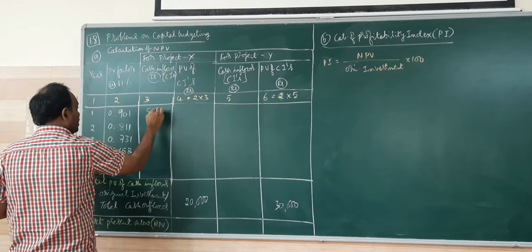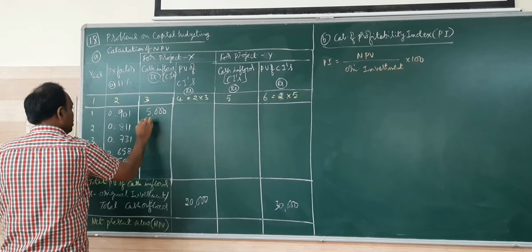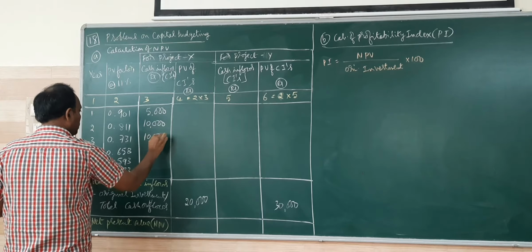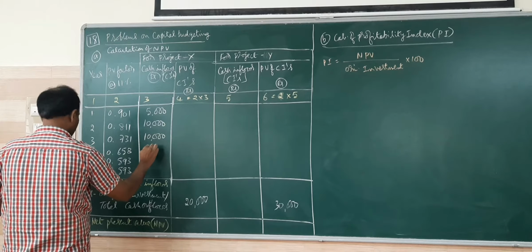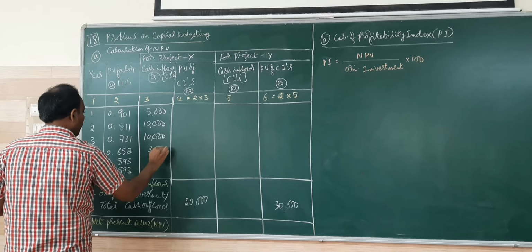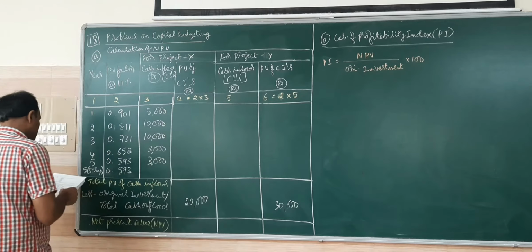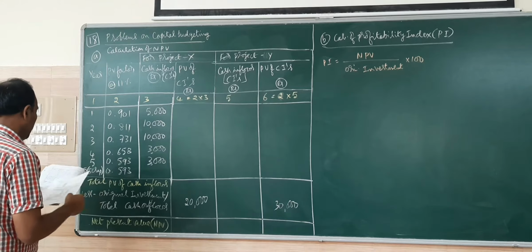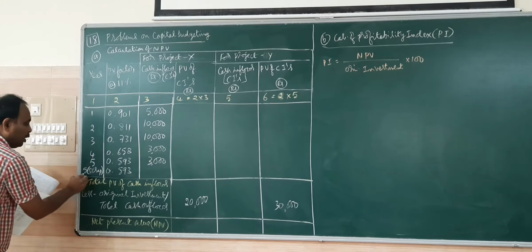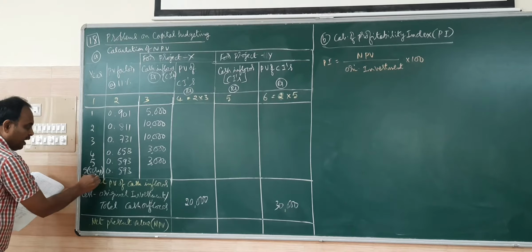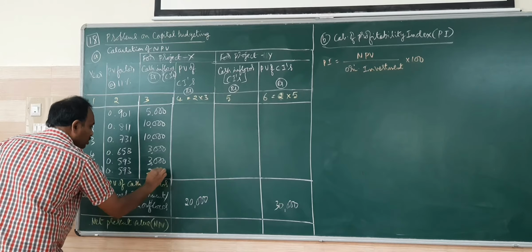So let me get into the cash inflow. For project X, first year 5,000. Second year, 10,000. Again 10,000 for the third year. 3,000 for the fourth year, 3,000 for the fifth year. After that, you add the scrap value at the end of 5 years. So at the end of 5 years, the scrap value is 2,000 rupees.